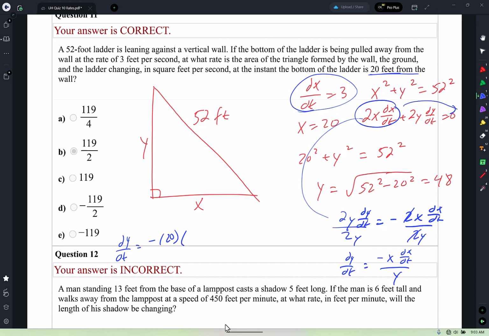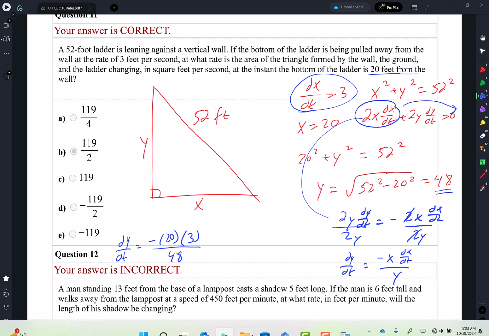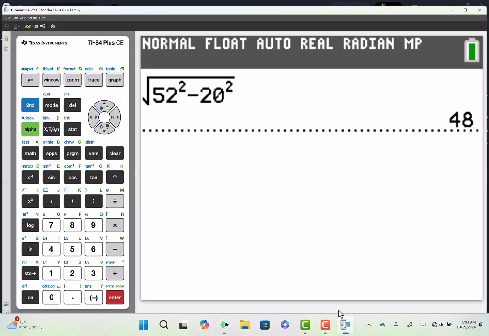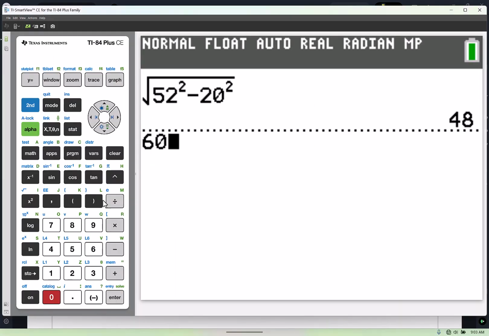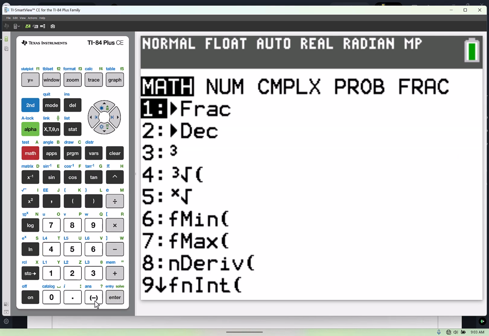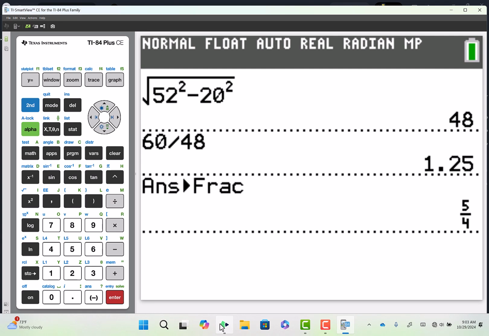Yeah, guys, are you here or not? And then divided by my y value, which was 48. So let's see. Negative 60 over 48. Math, fraction, enter. Negative 5/4.